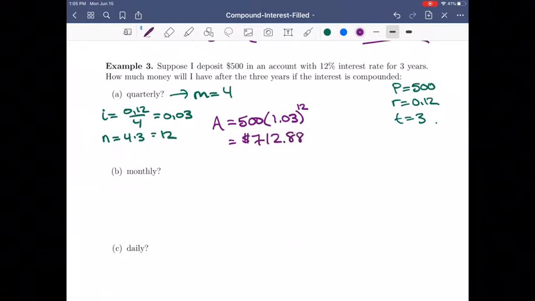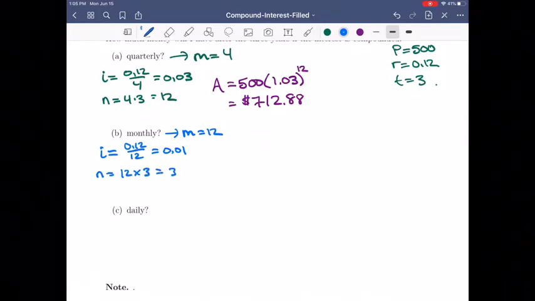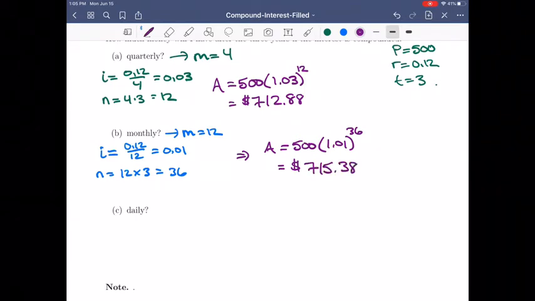And here, after 3 years, we're going to have $712.88. What if it's monthly? Monthly means that m is 12, so I'm going to have to change i and n. 0.12 over 12 is going to be 0.01, and n is going to be 12 times 3, or 36. So then my A value is 500 times 1.01 to the power 36, which gives me $715.38.